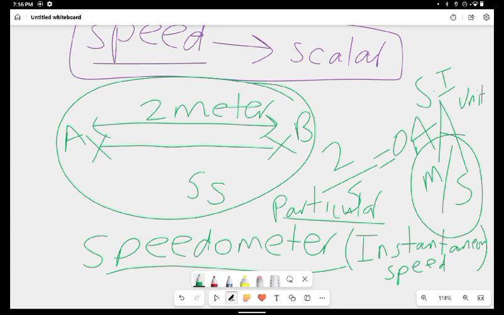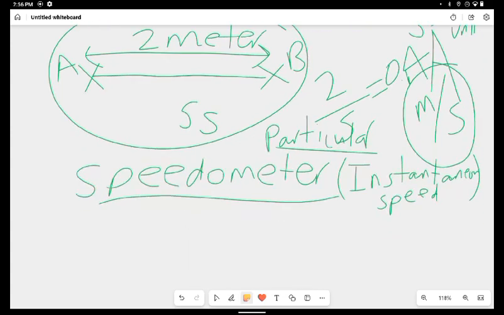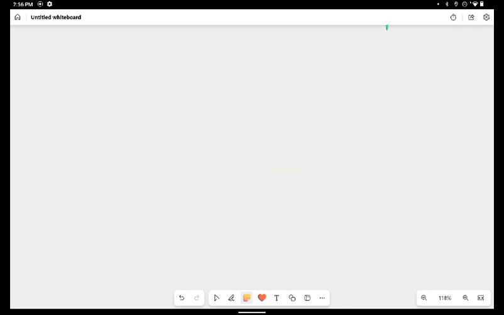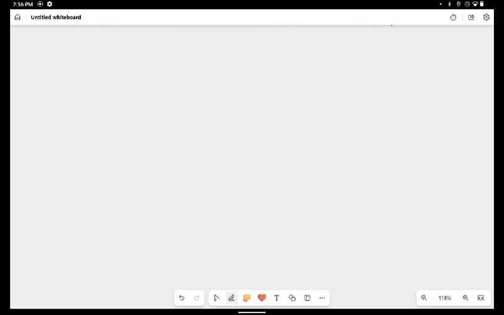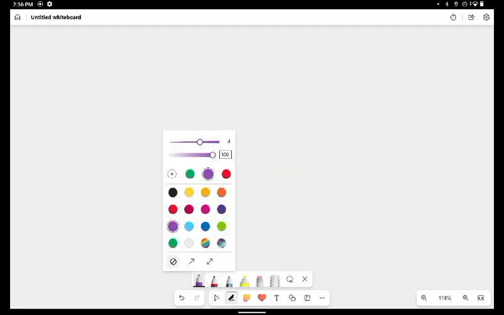Okay, so we have another speed that's called average speed. What's different about average speed? Let's see. First we will write the formula of the average speed.